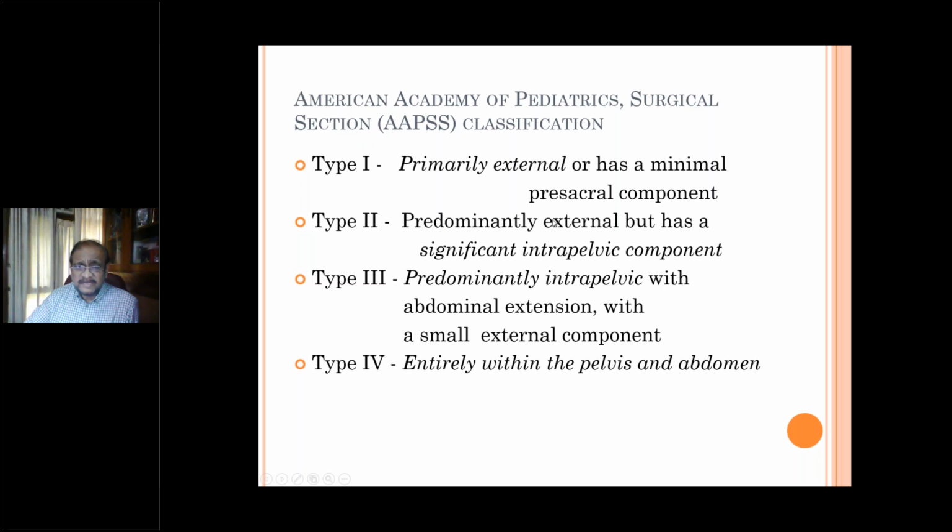In the second, it is external but has a significant intrapelvic component. In the third, predominantly intrapelvic with some amount of abdominal and a small external component. And 4, it is entirely within the pelvis and the abdomen. So it is shifting from external to internal. That is the type of classification. 1, 2, 3, and 4. It depends upon the site. Is that clear?